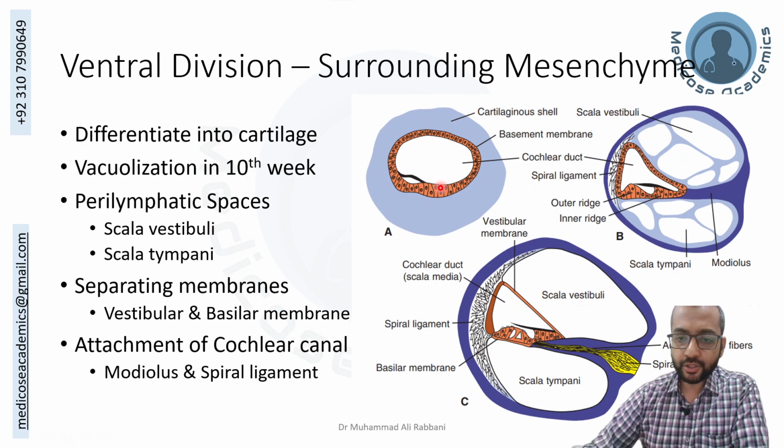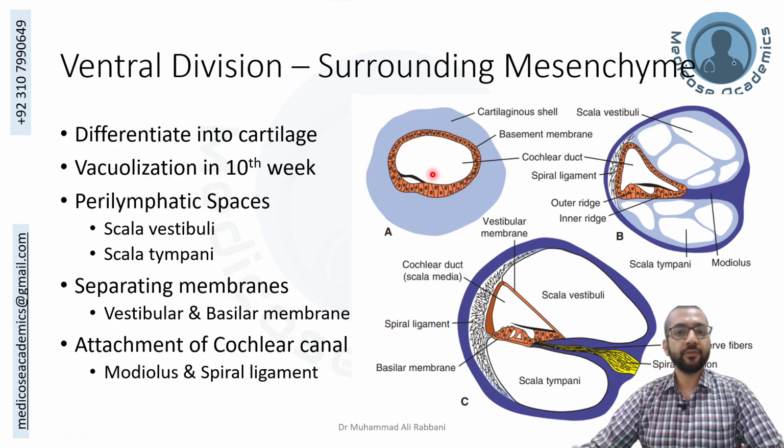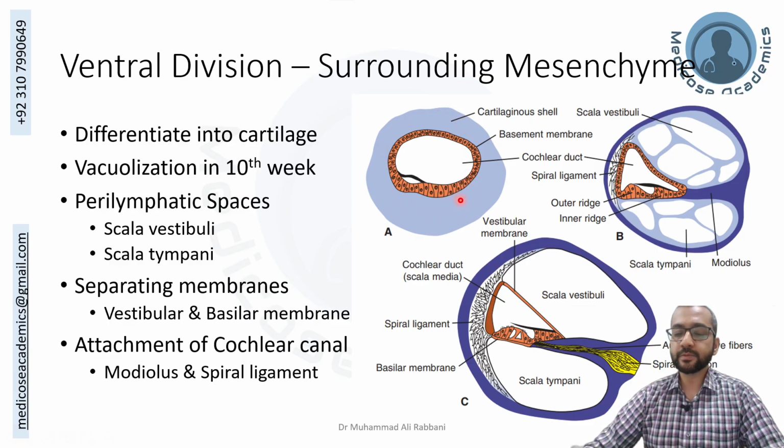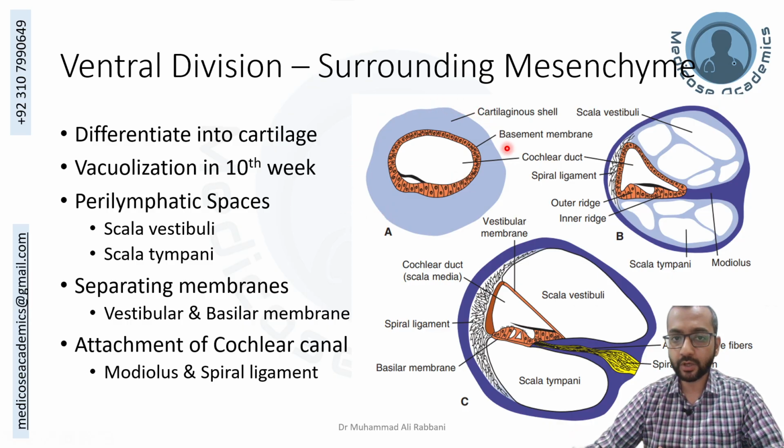Now this is a cross section of the cochlear canal. First let us talk about the surrounding mesenchyme, then we will see inside what is happening. The surrounding mesenchyme, as the duct grows inside, gives signals, and begins to differentiate into cartilage. This is called the cartilaginous shell.